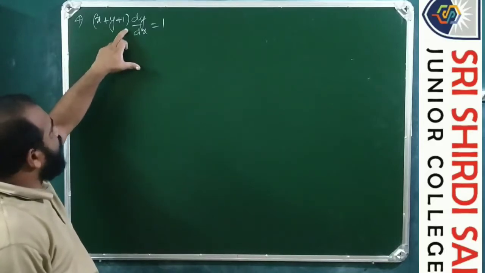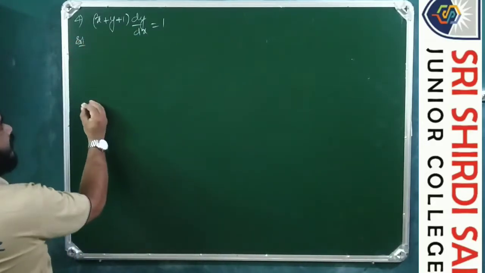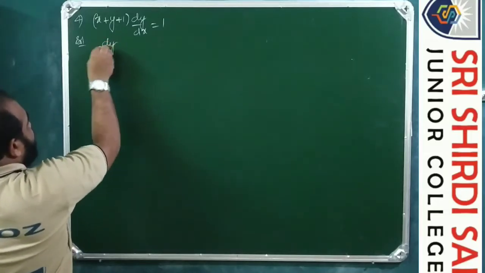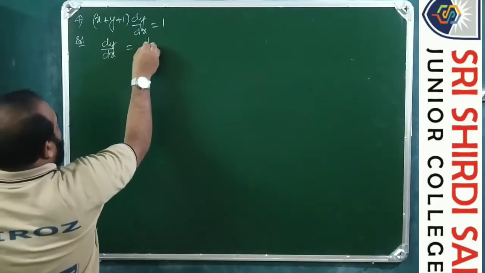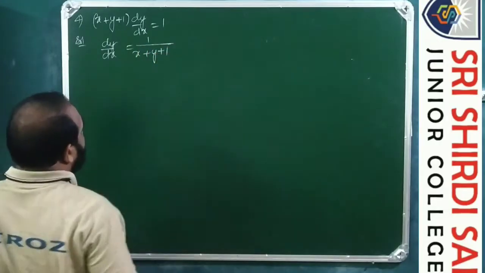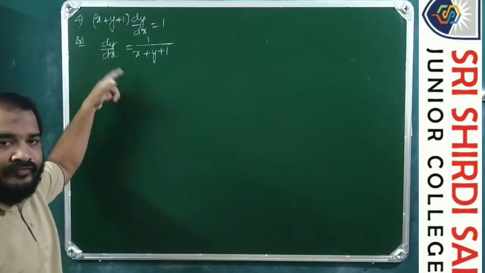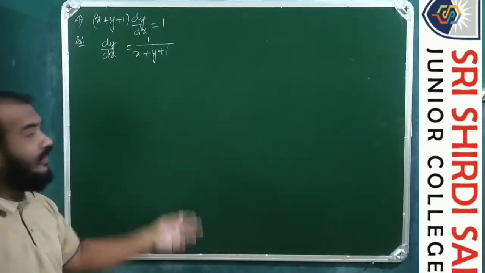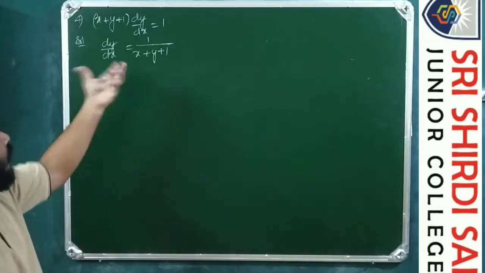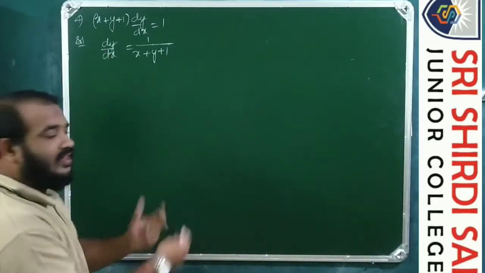Next, x plus y plus 1 dy by dx equals to 1. So this can be written as dy by dx is equals to 1 by x plus y plus 1. Here the process stops at this step itself. We cannot do anything, so let us reciprocate it to proceed further.